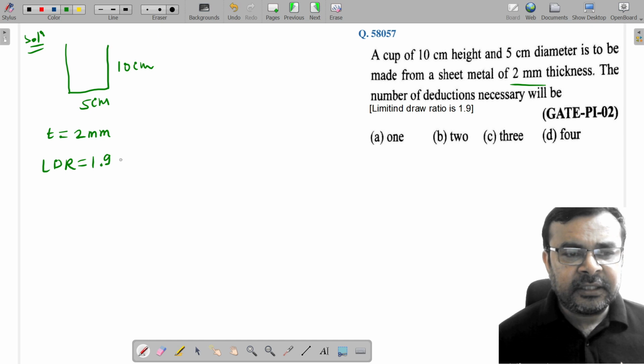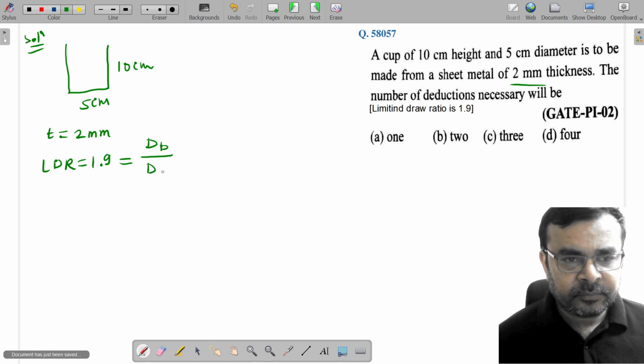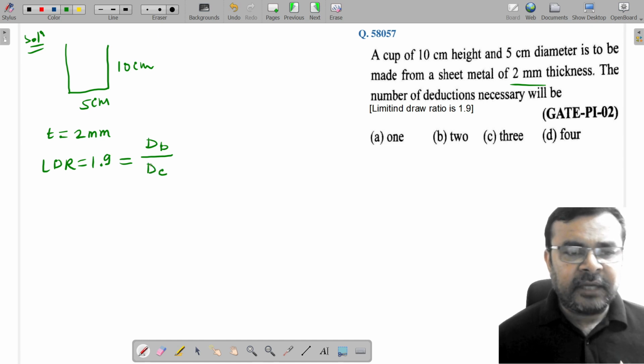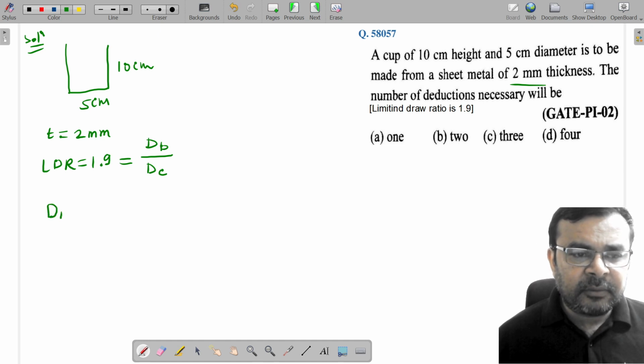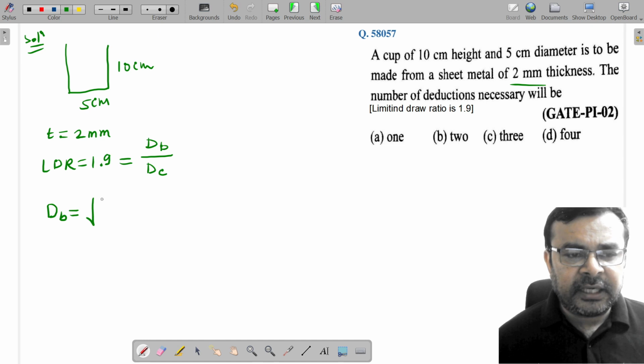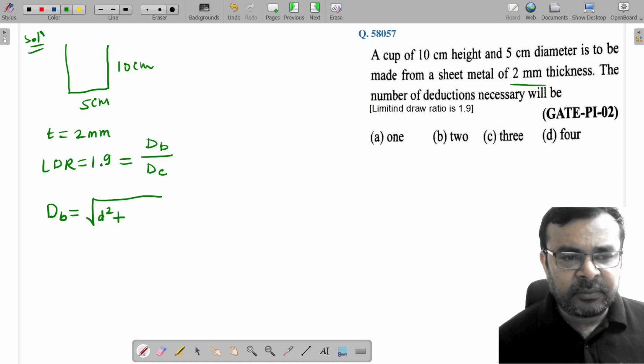1.9. And if I talk about LDR, this is nothing but the diameter of the blank over the diameter of the cup. Correct? So first we need to calculate the diameter of the blank. As you know, here we have this relation: D squared plus 4dh.